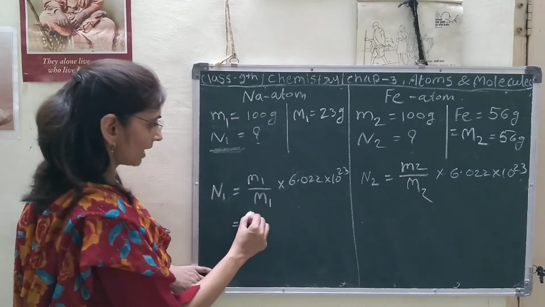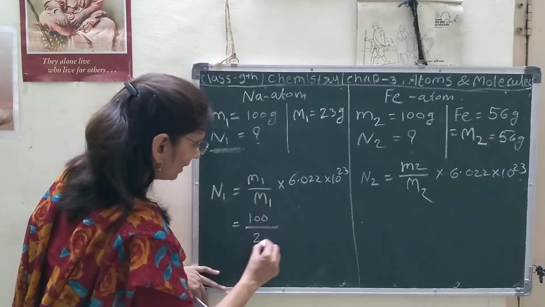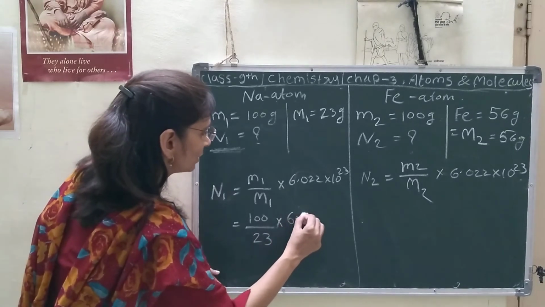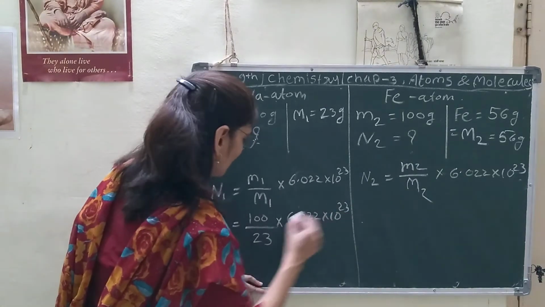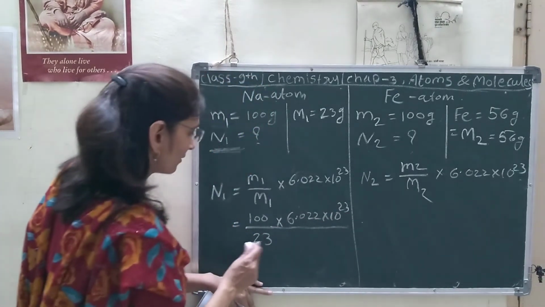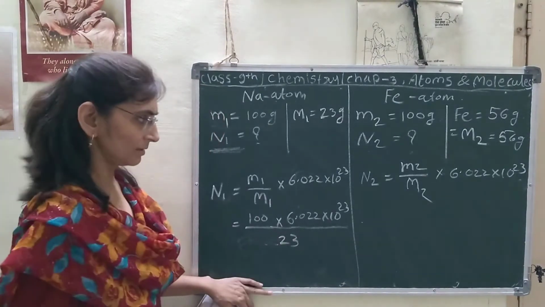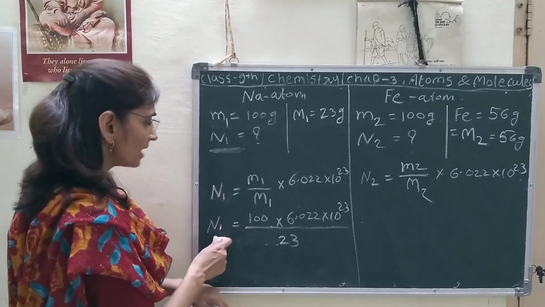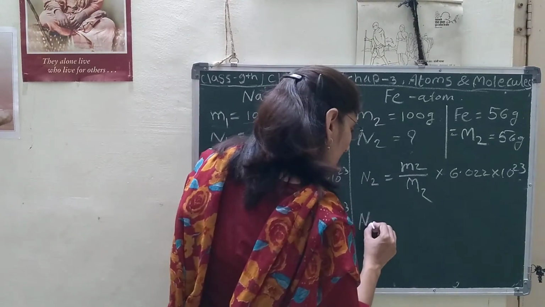M1 is equal to 100 upon 23 multiplied by 6.022 into 10 to the power 23. This is our numerator and this is our denominator here. Yes, and here in this set, N1 means number of atoms in sodium and N2 means number of atoms in iron.